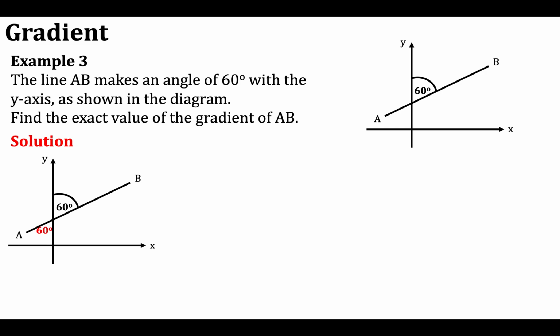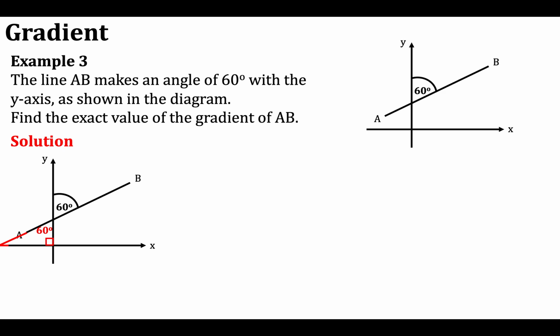Now if I use vertically opposite angles, I know that the angle that I've put in there is also 60. So you might have referred to that before as x angles. If I extend my line further back a wee bit, I can see that the line and the x-axis are now hitting each other, so that's good, they now intersect.